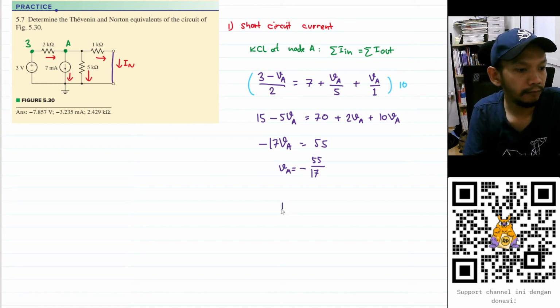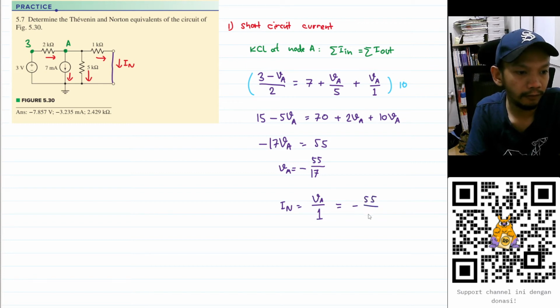So what is I_N? I_N is just VA divided by 1, but 1 is just the multiplicative identity, so I will have minus 55 over 17, and the unit here is milliampere. To make it nicer, let's use our calculator.